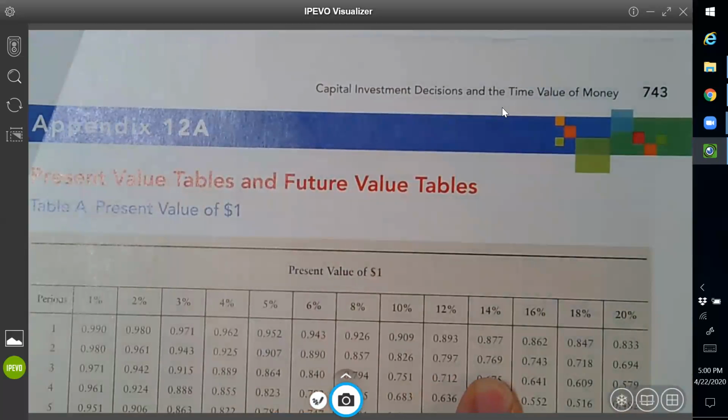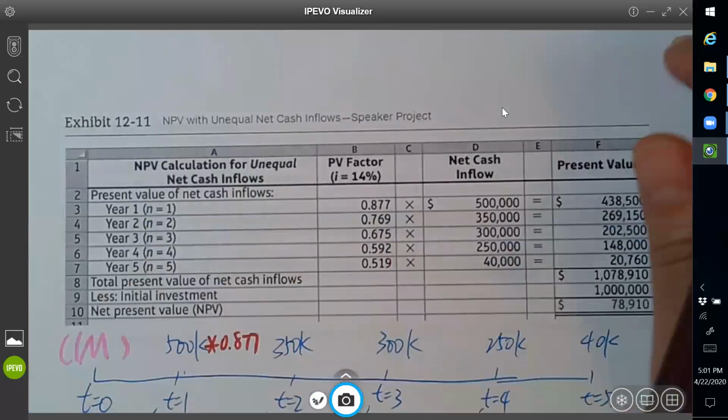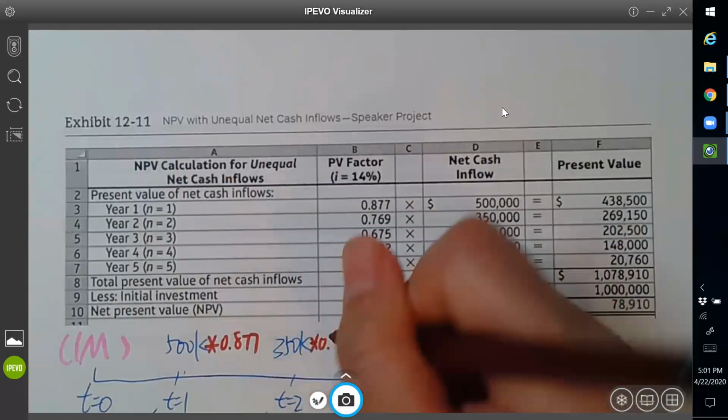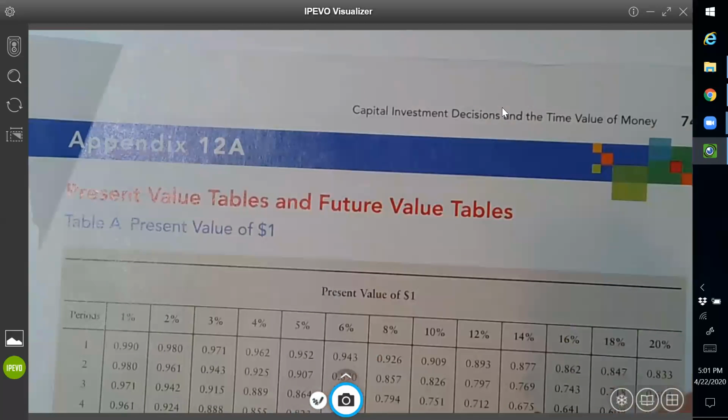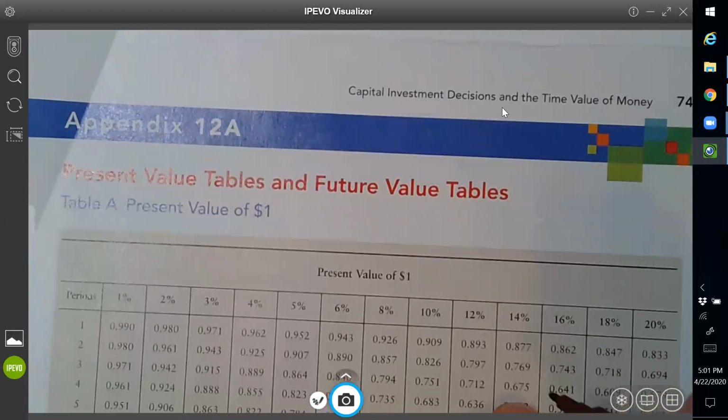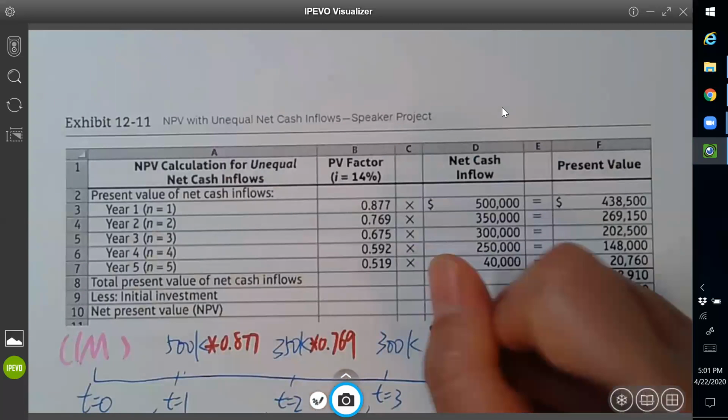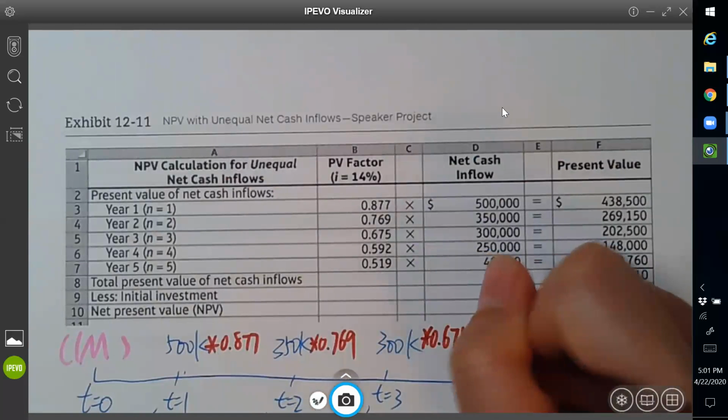Second, cash flow, the discount factor at 14%, 2 years, is 0.769. So we multiply by 0.769. Third year, at the end of the third year, the rate is 14% and n is 3. We multiply by 0.675.